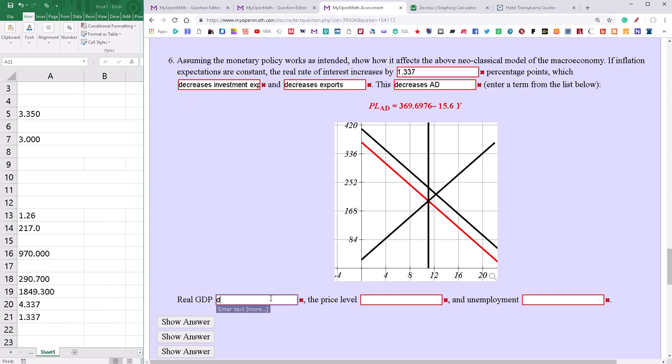So real GDP decreased as well. The price level decreased, and the unemployment rate increased from a very, very low level, below the natural rate, to equal the natural rate. So the unemployment rate increased.